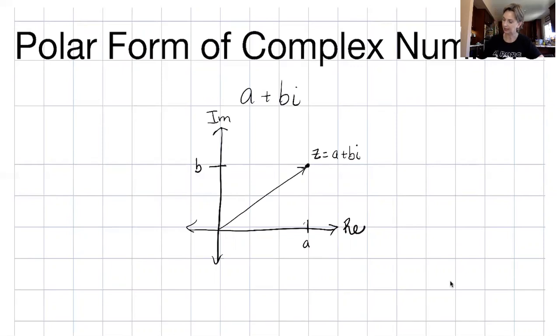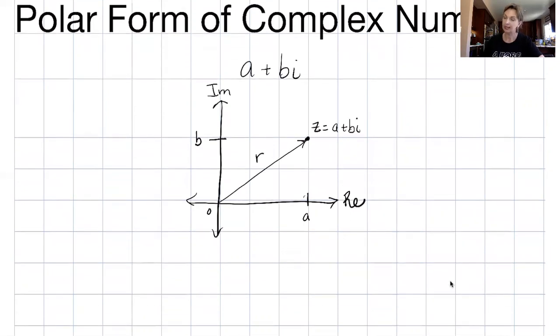Okay, so today we're going to say, if I draw a vector like that going from the origin up to our complex number, then this vector has a length called r, and r is called the modulus.